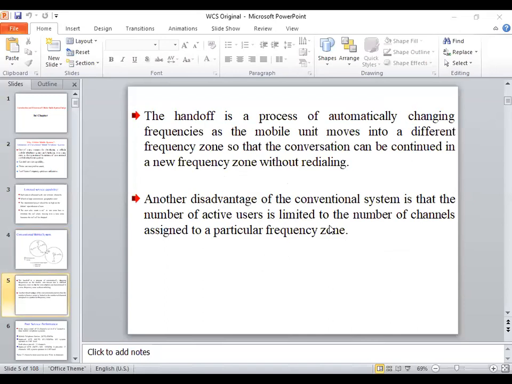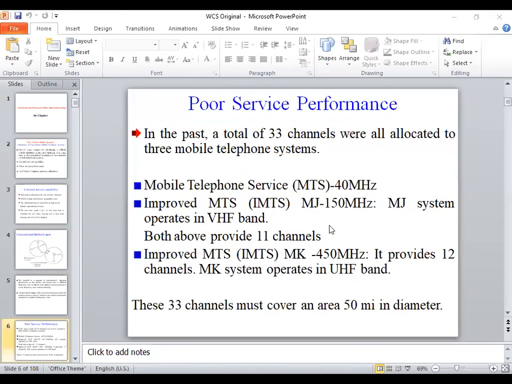Your next limitation is poor service performance. In the past, we had a total of 33 channels allocated to three mobile systems. First is MTS, the full form is mobile telephone service, and that works on 40 megahertz.